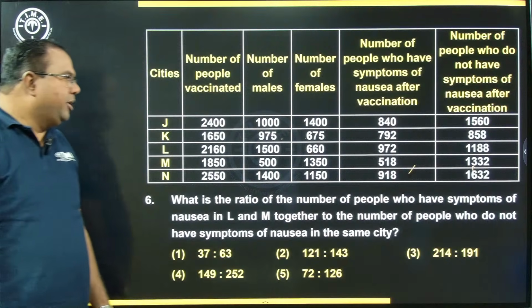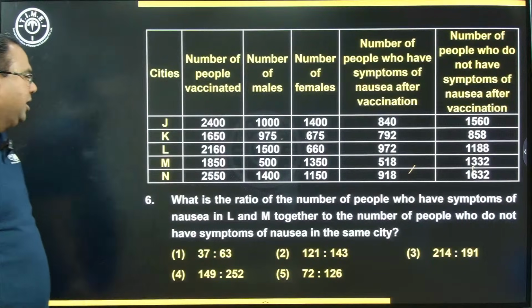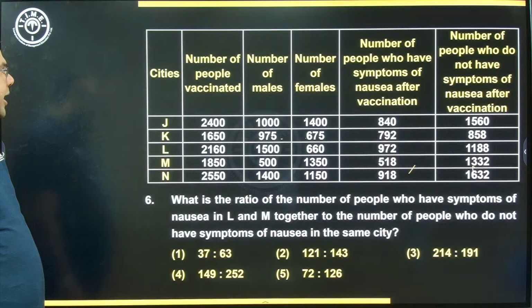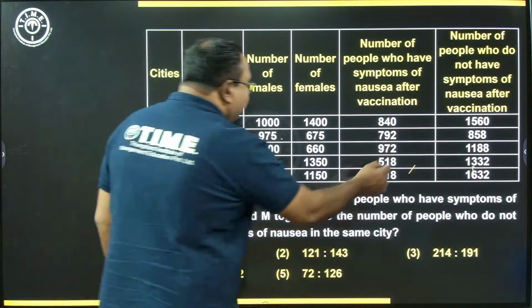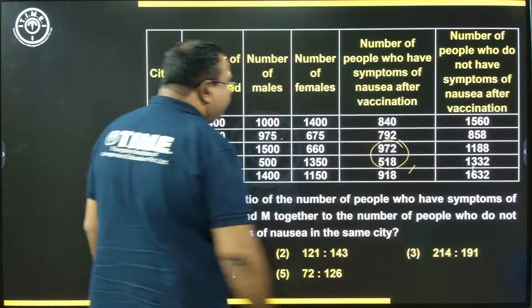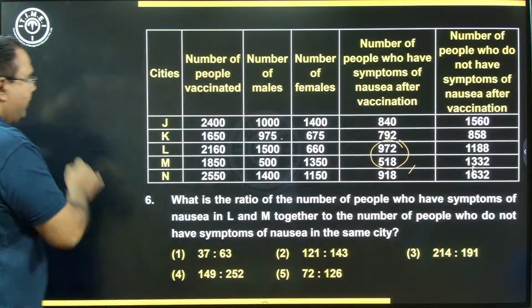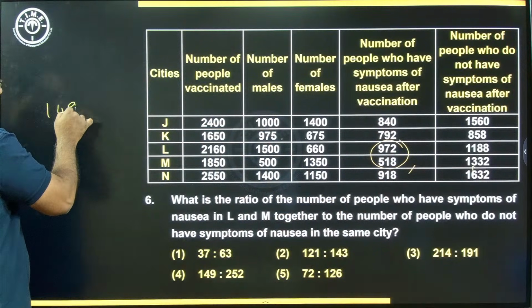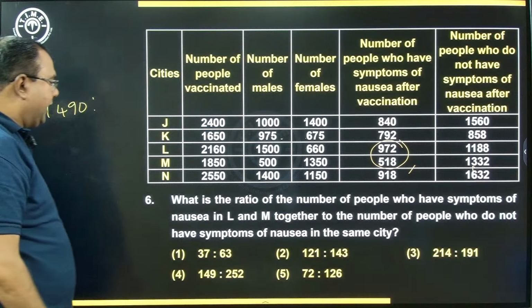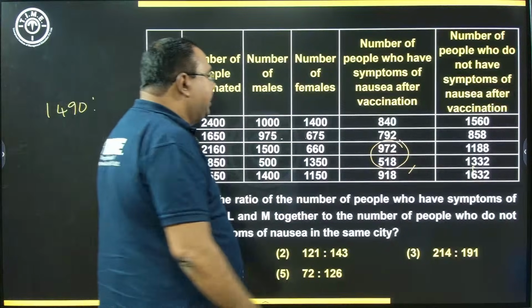What is the ratio of the number of people who have symptoms of nausea in L and M? Okay. Symptoms of nausea in L and M. 990 plus 500, 1490. Then the number of people who do not have symptoms of nausea in the same cities.